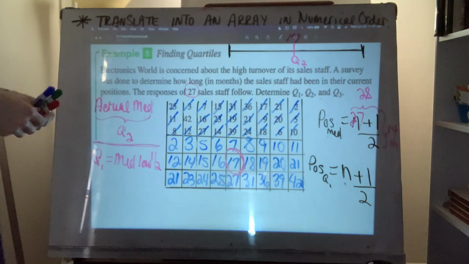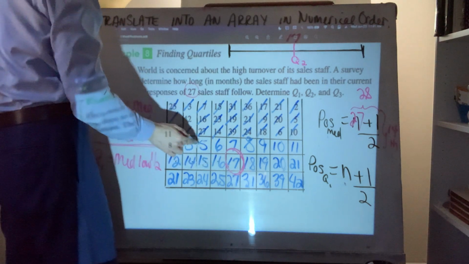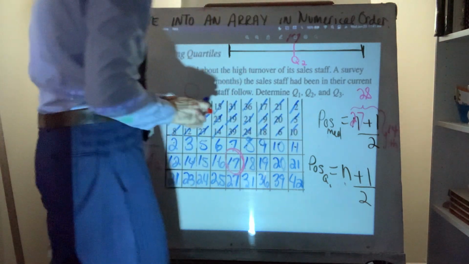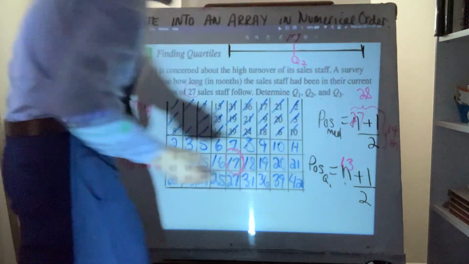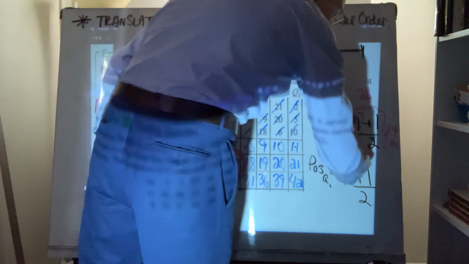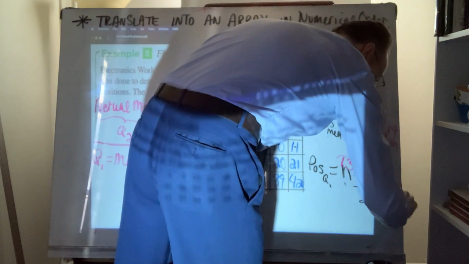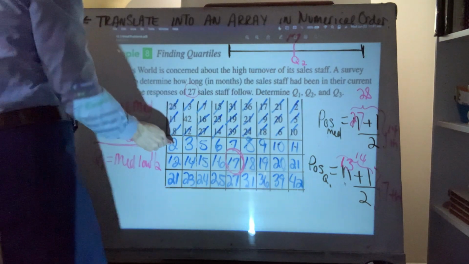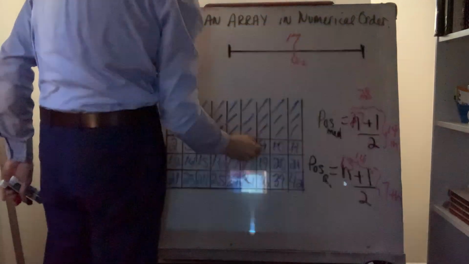Now, it's lesser than these, right? 1, 2, 3, 4, 5, 6, 7, 8, 9, 10, 11, 12, 13 data values. So what is 13 plus 1? 14. What's half of 14? The 7th data value. So counting from here, from 2, 1, 2, 3, 4, 5, 6, 7.